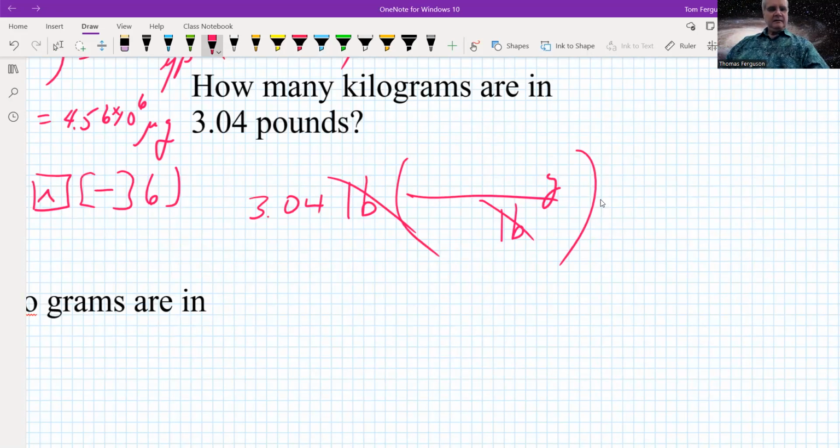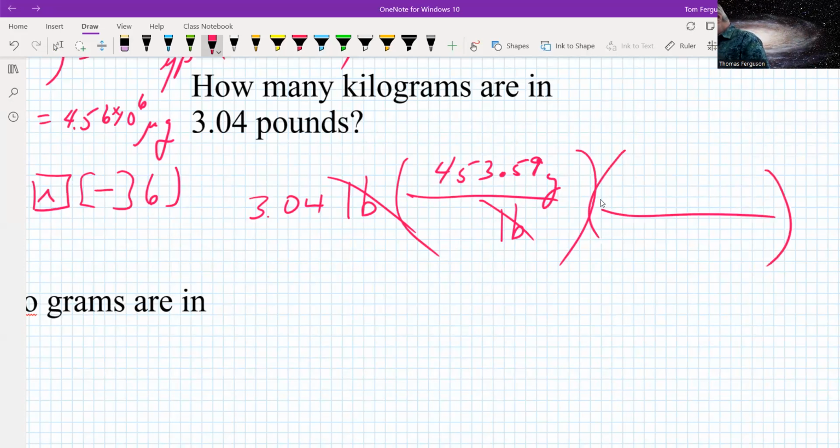Okay, and who remembers how many grams are in a pound? 453.59. Okay, so this is going to give us grams. Next thing we have to do is get it over to kilograms. So the grams have got to cancel.